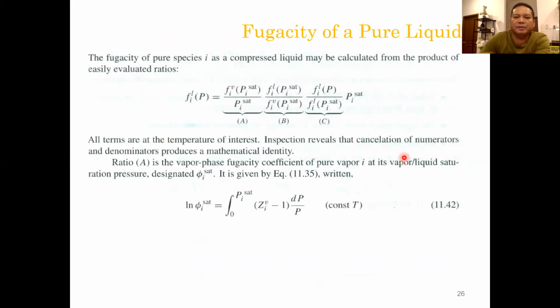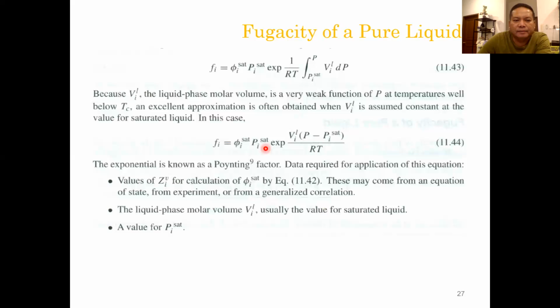The fugacity of species i as a compressed liquid may be calculated from the product of easily evaluated ratios. You can see here this P cancels, this cancels, this cancels, and this cancels, so we are left with that. This ratio here is the vapor-phase fugacity coefficient of vapor i at its vapor-liquid saturation pressure, designated by phi i saturated, which we can find using this equation.